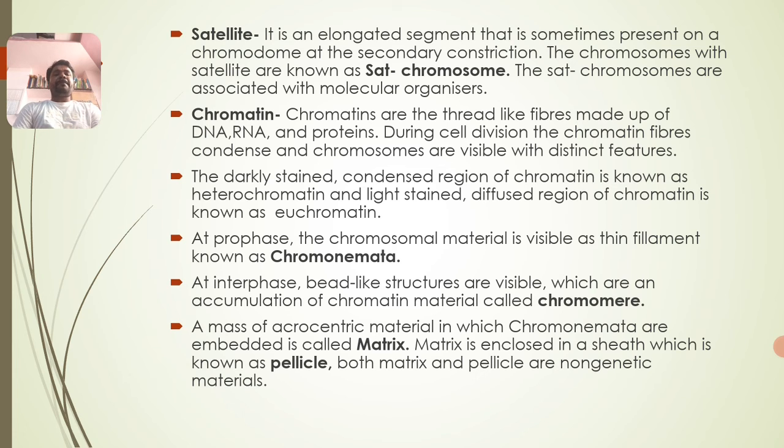Both matrix and pellicle are non-genetic materials. They do not have any genes or DNA, hence they are called non-genetic materials. The matrix is present in the interior and is enclosed by a sheath called the pellicle. These are the non-genetic parts of the chromosome. This is all about the ultrastructure of the chromosome. Thank you.